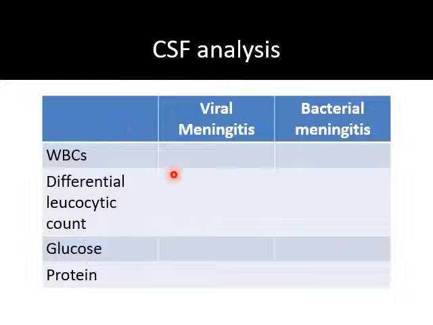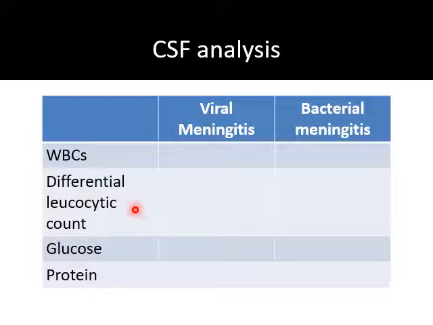How to differentiate between viral and bacterial meningitis using CSF? White blood cells: in the viral meningitis, moderate increase, hundreds of cells; in the bacterial, marked increase, thousands of cells.